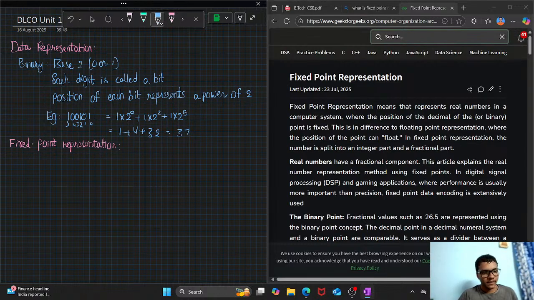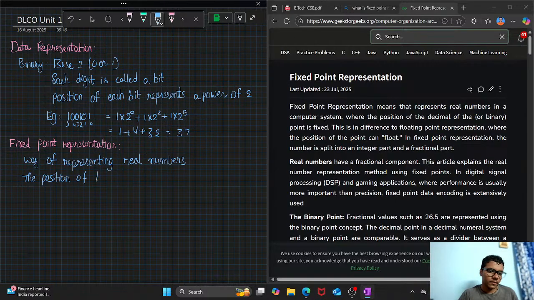So fixed point representation is basically a way of representing real numbers. The position of the decimal or the binary point is fixed. That's what it means.